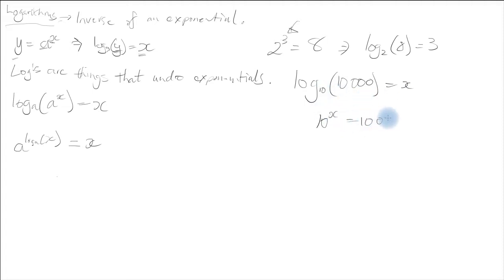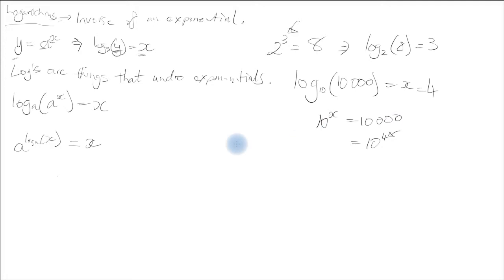Obviously 10,000 is 10 to the power 1, 2, 3, 4. So it's 10 to the power 4, 10 times 10, 4 times, to get our 4 zeros. Therefore x is 4, so that answer is 4.